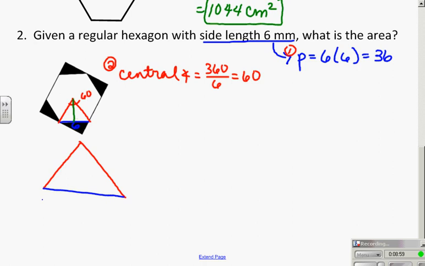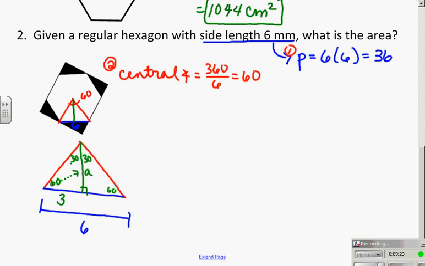I'm going to draw this out bigger. Here's the base, which is the whole thing, is 6. And this green apothem dropping down here bisects that central angle. So these are each 30, which makes these 60.